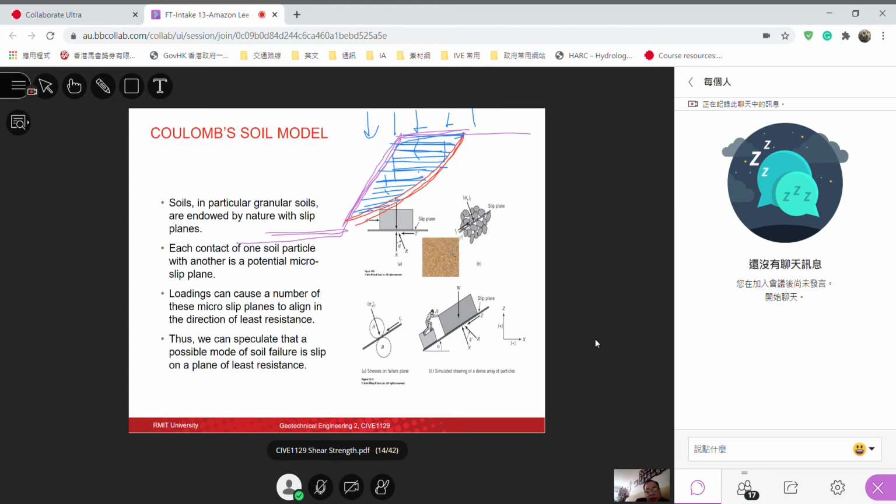And because of the gravitational effect, the soil mass wants to slide downward, because it has the weight of the soil and the weight of the rainwater saturated in the void space of the soil. Now everything has to rely on the shear resistance of the soil developed along this potential slip plane.